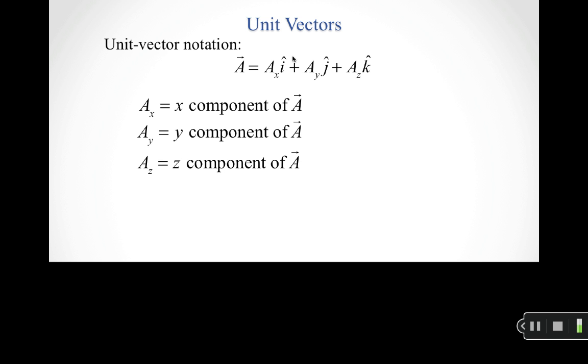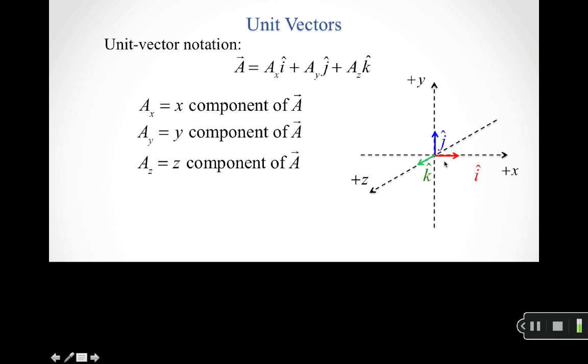So A_x, A_y, and A_z are the x, y, and z components of vector A, and i hat, j hat, and k hat are our 3 Cartesian unit vectors. Back to thinking about my little coordinate system here, where I'm letting positive x point to the right, positive y point up, and positive z point out towards us, I can take any vector I want.